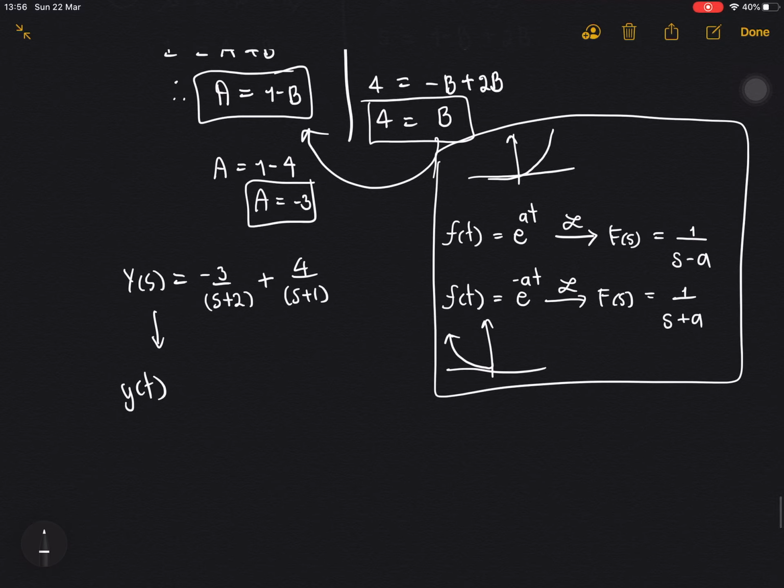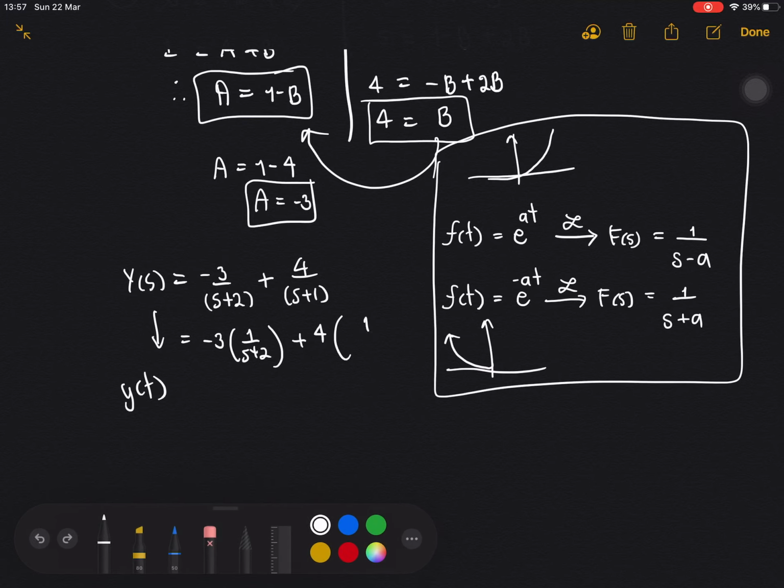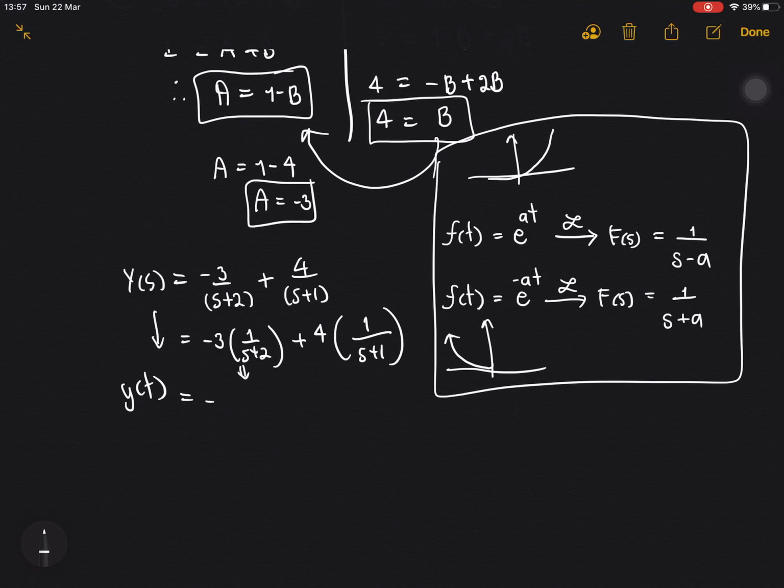Therefore that's the property of the exponential functions. So if you compare that, you will have something similar to the exponential functions. So therefore, after you transform that, minus 3, the constant, remains the same. So you have to find the inverse Laplace transform of 1 divided by s plus 2.